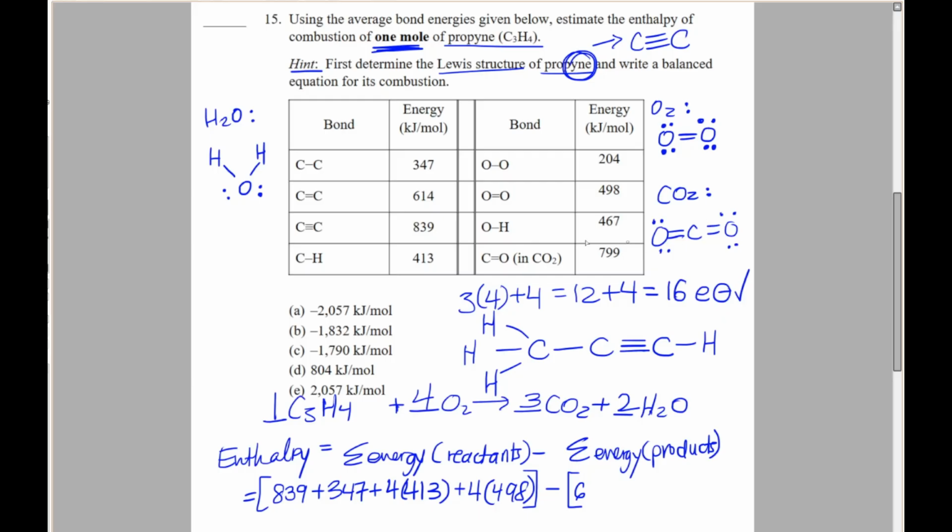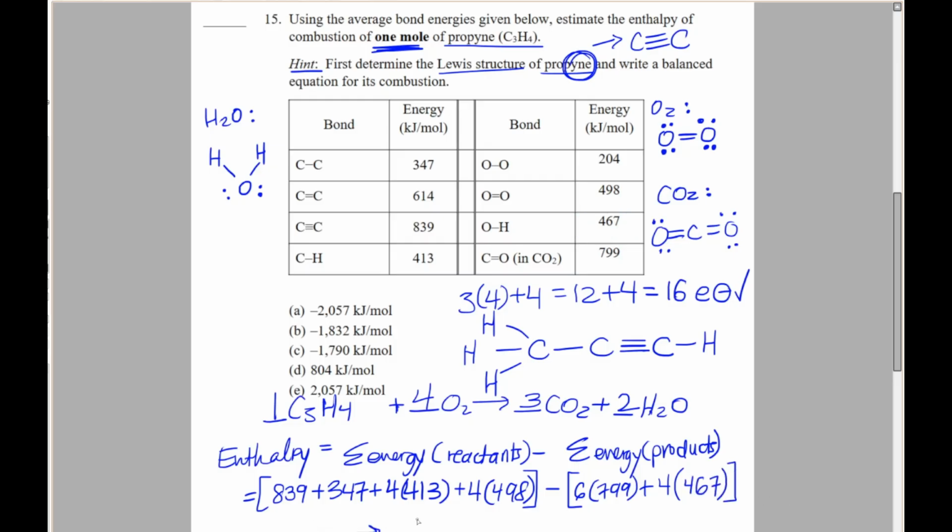So we have 6 times 799. And then for water, we have 2 water molecules, and each water molecule has 2 OH single bonds. So that's going to be 2 times 2, or 4 times the energy for the OH bond, which is 467.